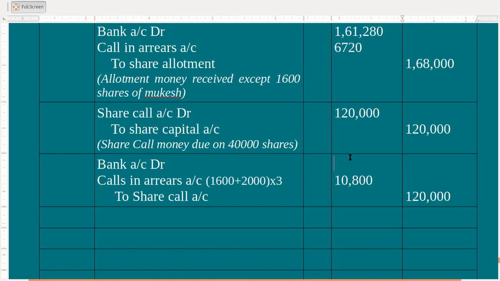So how much will we receive then? Deduct 10,800 from 1,20,000. Then you will find out how much we are going to receive to bank account. 1,09,200. Okay, what is the narration, Hafiz?